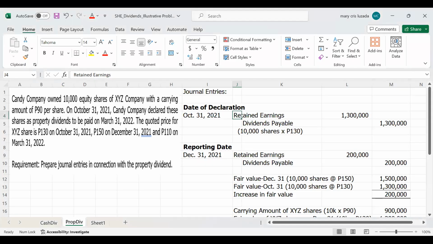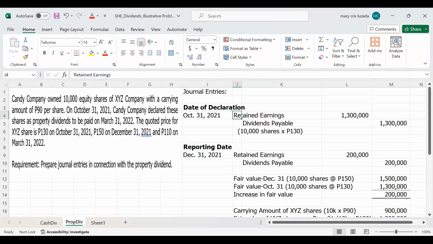So to apply the concept no, that we have just mentioned, na on the date of declaration daw, the dividends payable, na the property dividends that you have to recognize should be equivalent to the fair value of the asset or the non-cash asset that you are going to distribute.